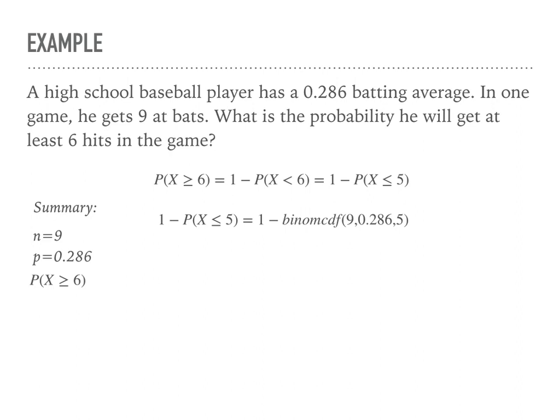You don't have to though. You can do the Binom CDF function, get your result, and then do 1 minus the result. In the end, you should come up with the probability of getting at least 6 hits in the game is 0.020.